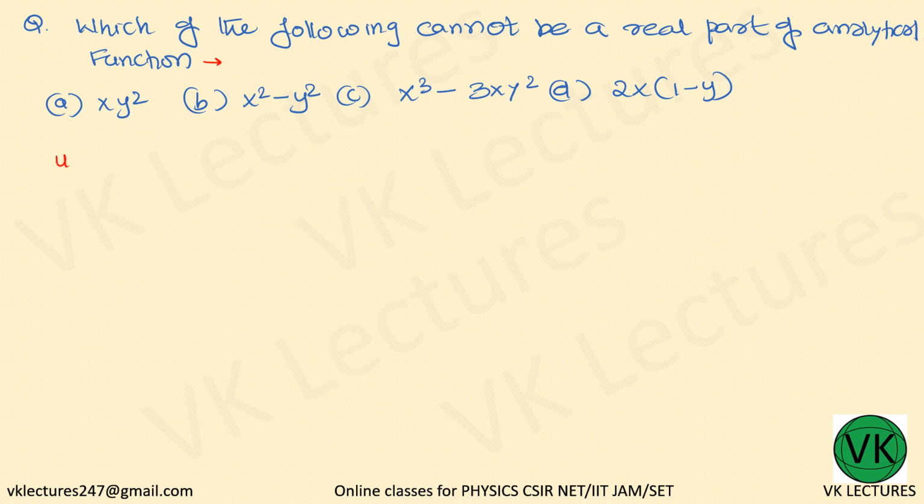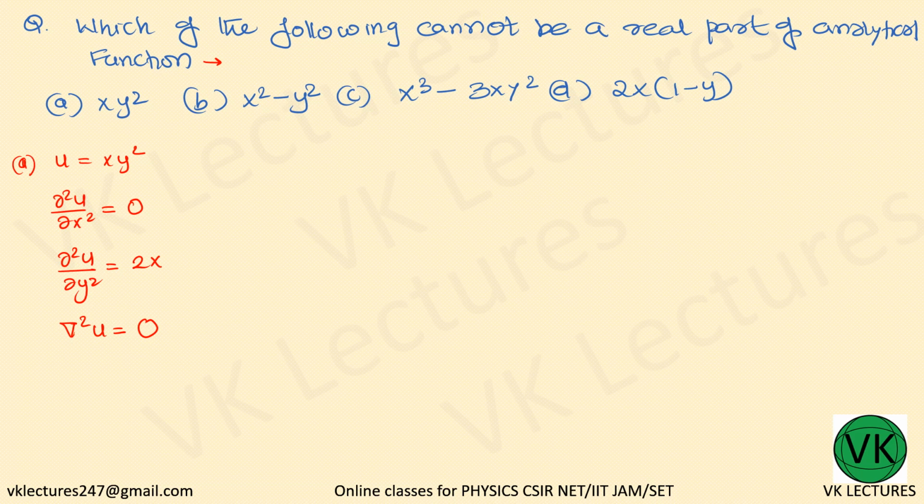So let's take the first one, u equal to x y square. Dou square u by dou x square is equal to 0. Dou square u by dou y square equal to 2yx, so 2x. Now del square u equal to the sum of these two, that's equal to 0.